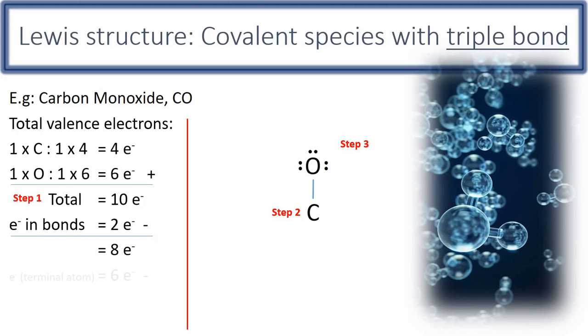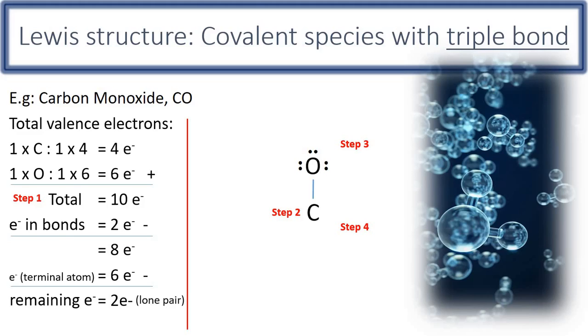Here, we must subtract these 6 electrons from the total valence electrons. There are 2 remaining electrons. Therefore, we proceed to step 4. Place the remaining electrons as a lone pair on the carbon atom. Please remember, carbon is chosen as the central atom because carbon is more electropositive than oxygen atom.